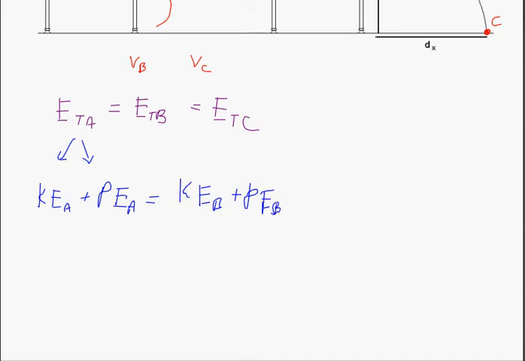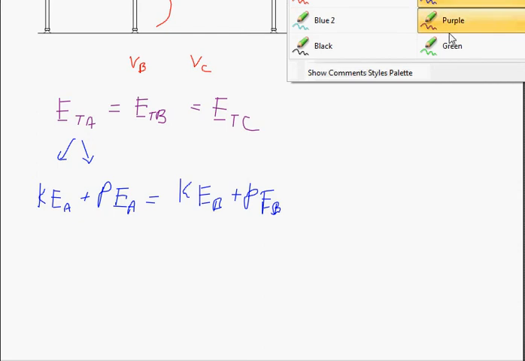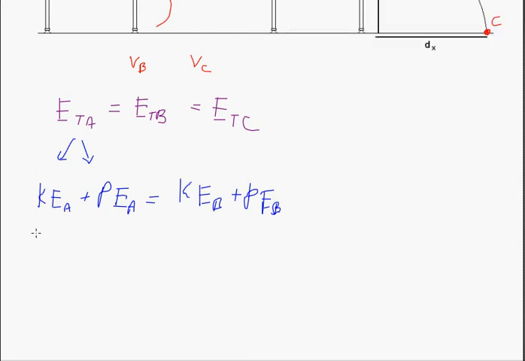We can write these formulas out even further because they're made of things: 1/2 mVA squared plus mghA equals 1/2 mVB squared plus mghB. Awesome. Now we can substitute in what values we know.